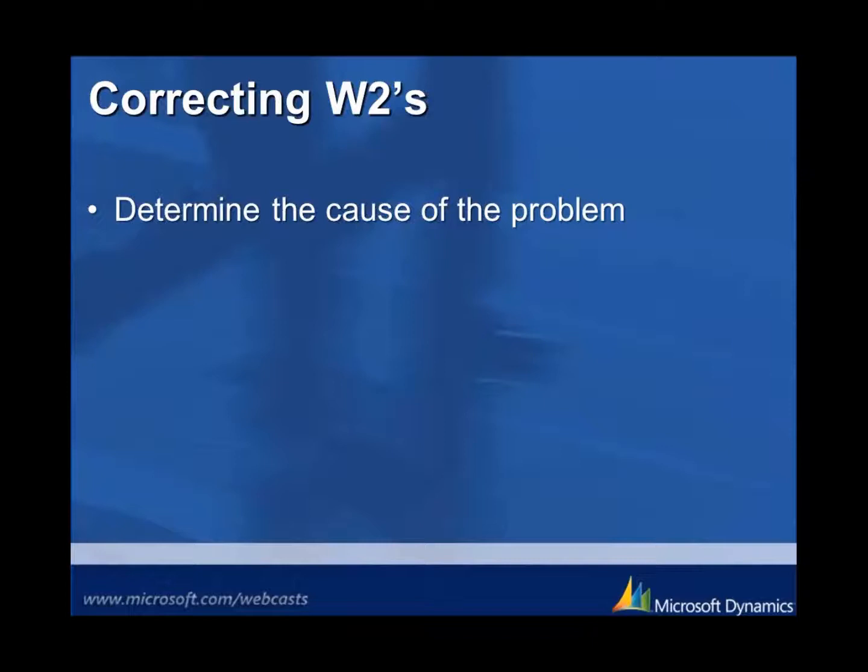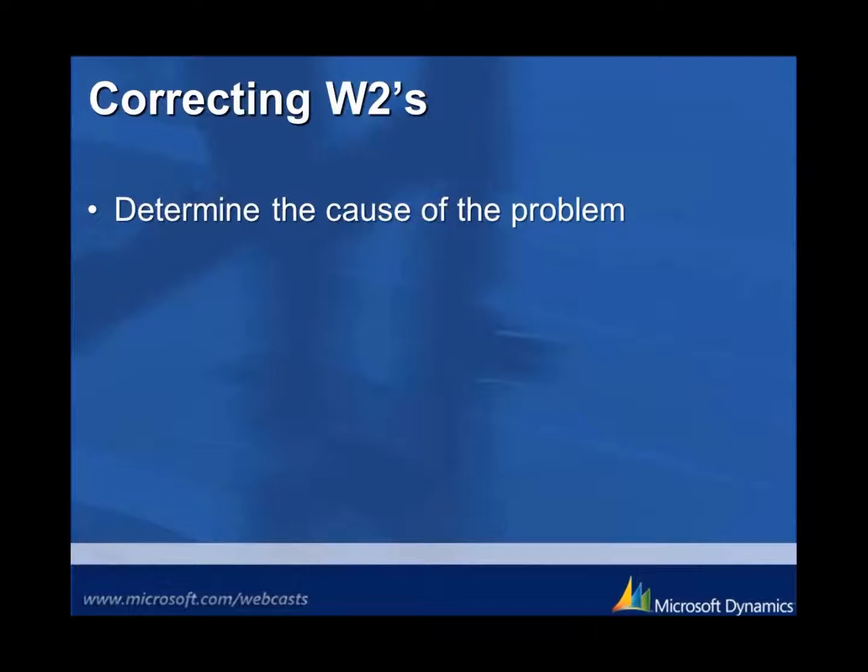Now, if you do need to do any correcting of W-2s, let's say that you find a number that is incorrect. One of the most common issues that I run into on support calls is folks saying that federal and state wages don't match up quite right.